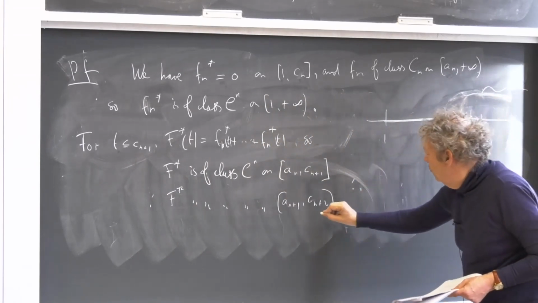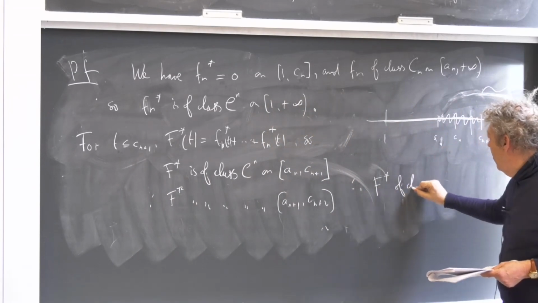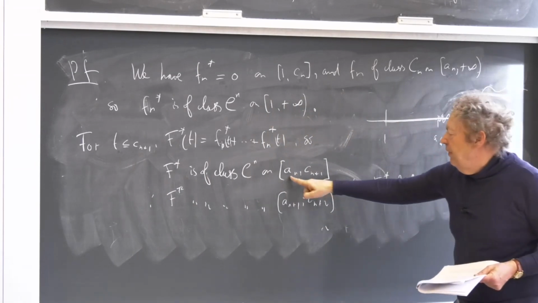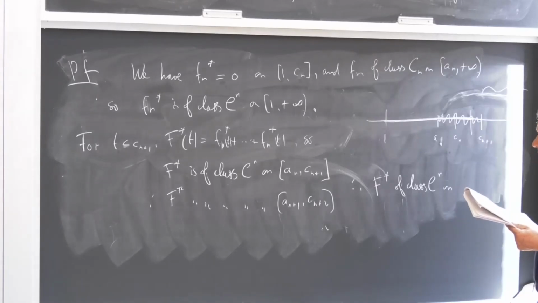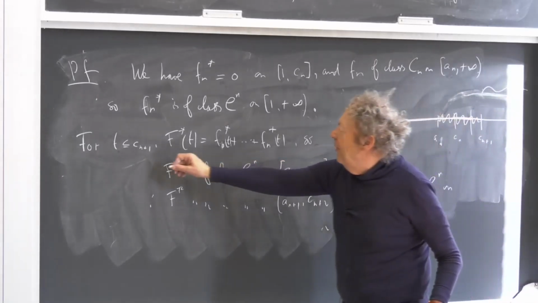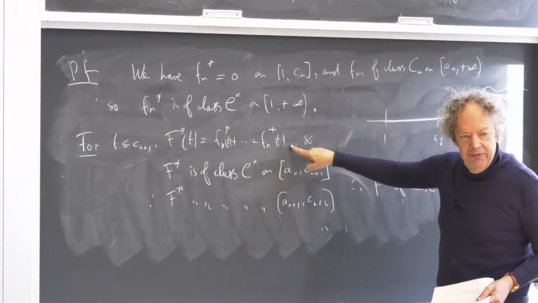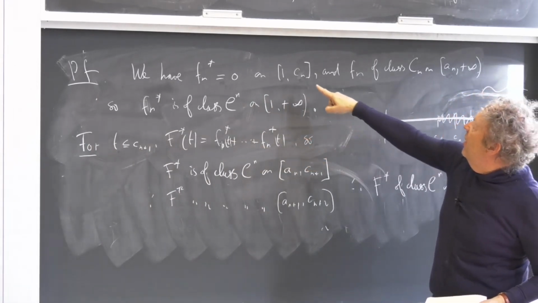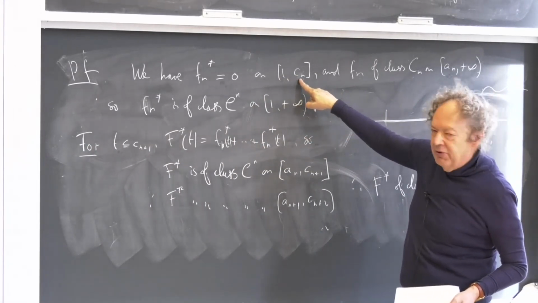Therefore f star will be of class Cn on everything starting with An. See the stars: as long as you restrict to arguments less than or equal to Cn plus 1, they coincide, because the fn plus 1 stars are 0 below Cn plus 1.